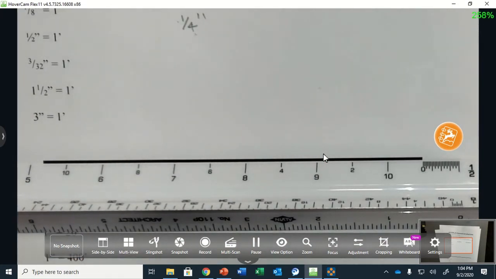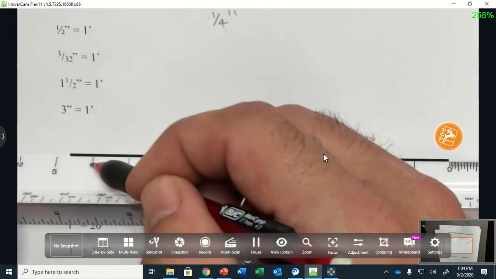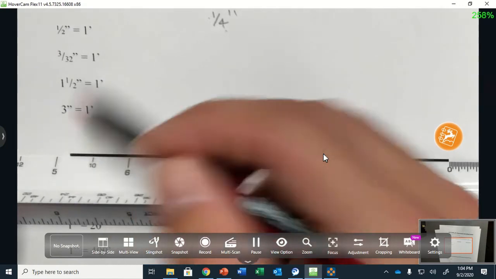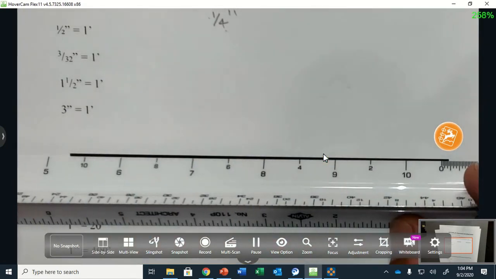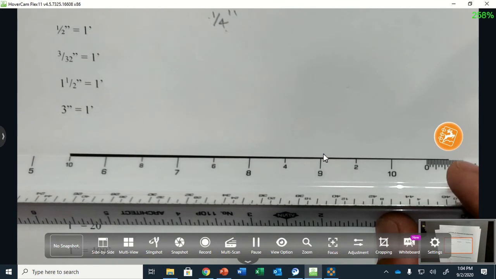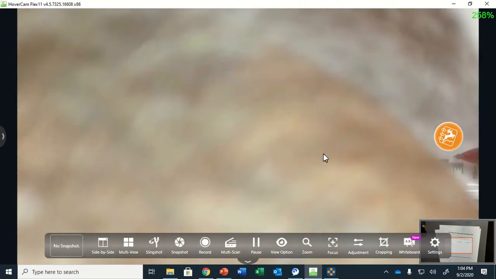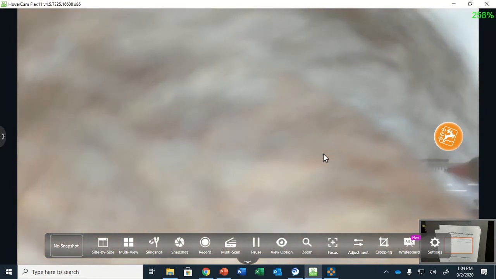So I'm 10 feet and change. The nearest whole foot is 10 feet, it's not quite to 11. So I slide the ruler back to 10 feet. And then this is 6 inches, so 10 feet, 6 inches.